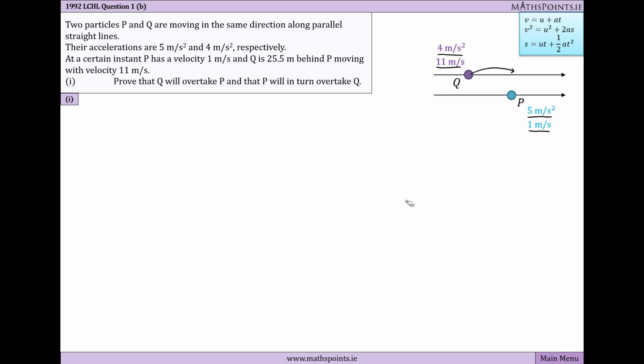And then for the rest of the time, P will always be ahead of Q. It has a greater acceleration, it will continue to accelerate, and so its speed will always be greater than Q, and Q won't have an opportunity to overtake it again. So that's the setup of the question.